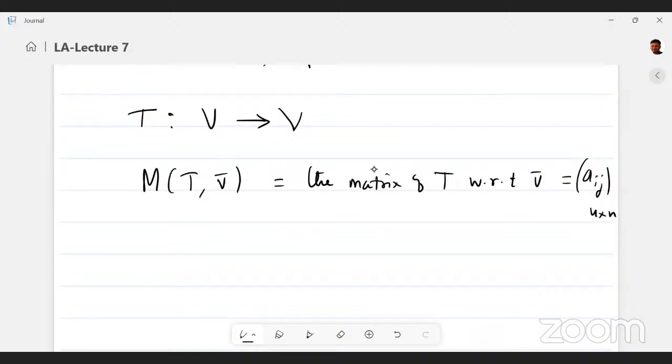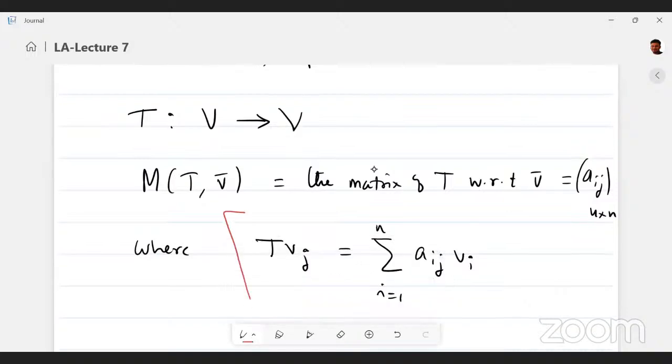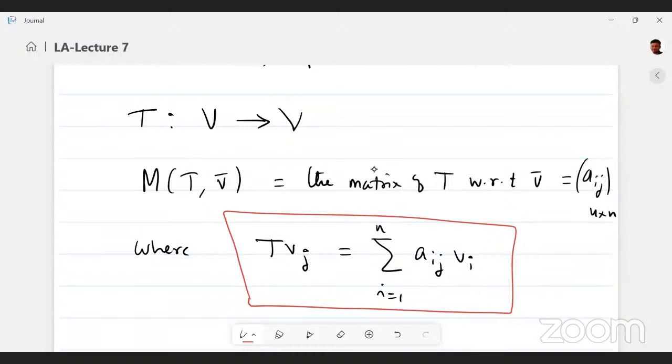They are defined using the following equation. You take T(v_j), which is written as a linear combination of the v_i's. Those coefficients of v_i will be the a_ij, with i ranging from 1 to n. This is the equation that defines the matrix of T with respect to the basis V bar. This is something we already saw. This is the definition.